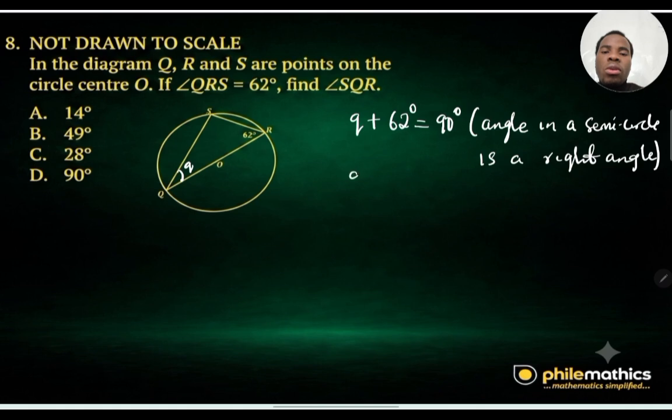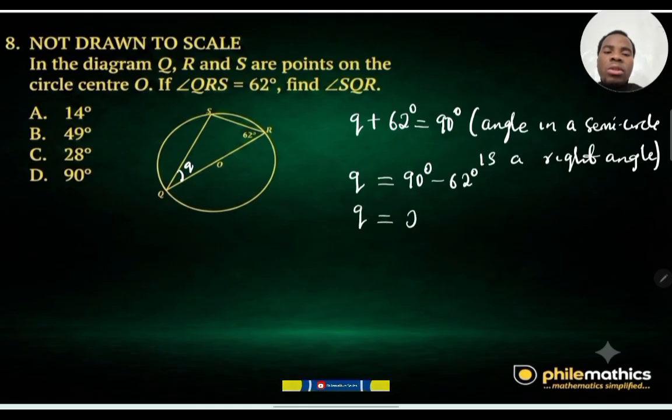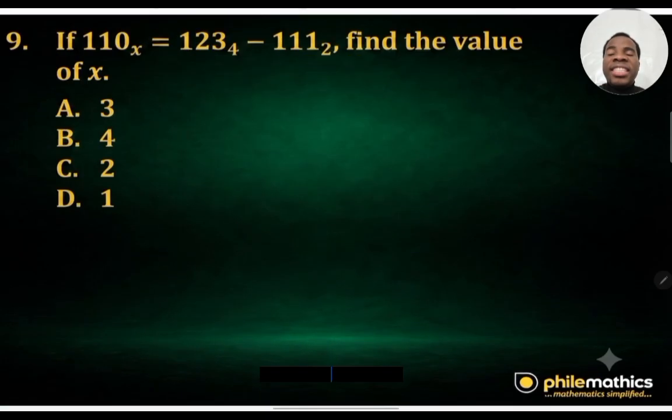And so Q, subtract 62 from both sides, will give us 90 degrees minus 62 degrees. Q will give us 28 degrees. And that's C.